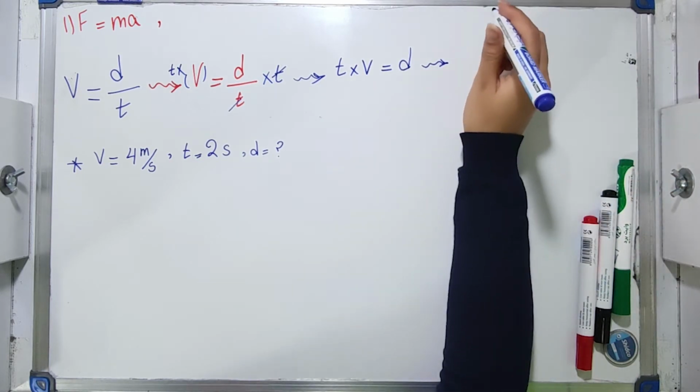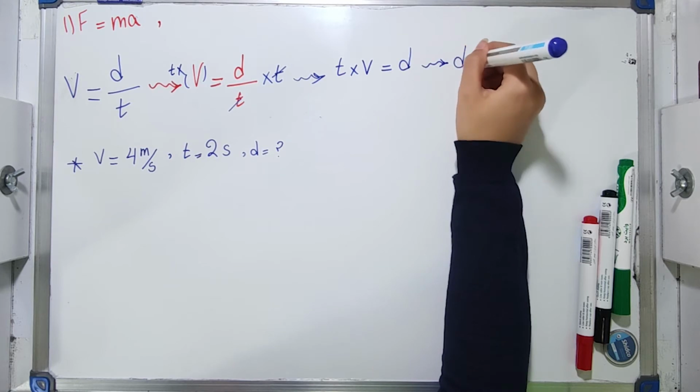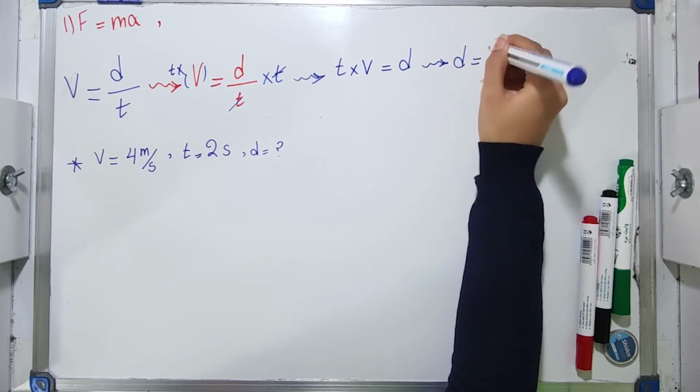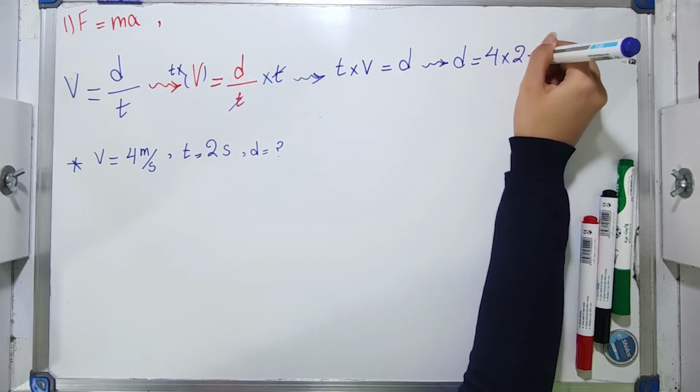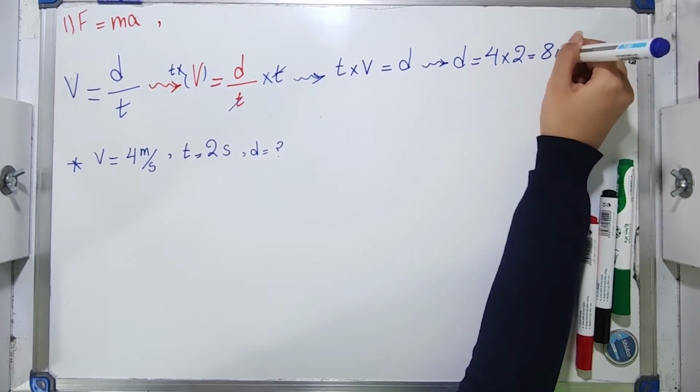I can say distance is equal to 4 times 2, and it is 8 meters.